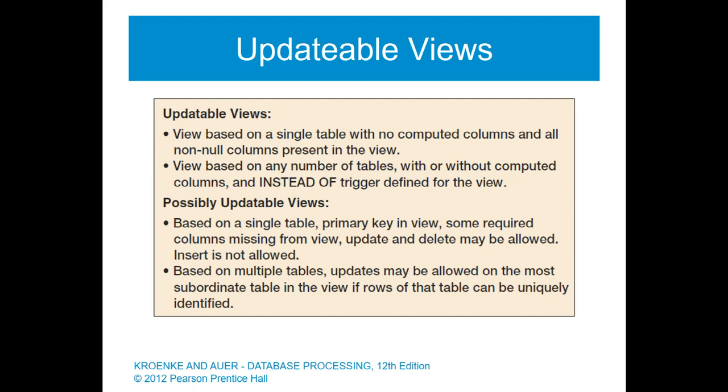with no computed columns and all the non-null columns present in the view. Let's think about this for a minute. Suppose I had a table. My view was basically dealing with a single table. And suppose that my view had a computed column, like maybe it computed your paycheck based on a salary or something.